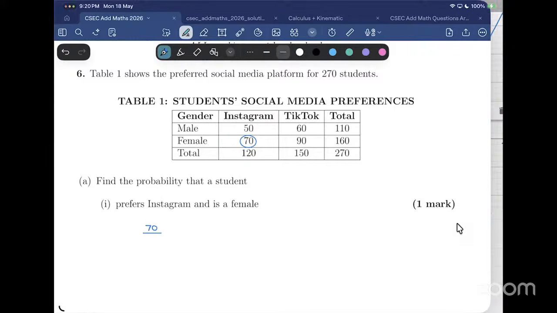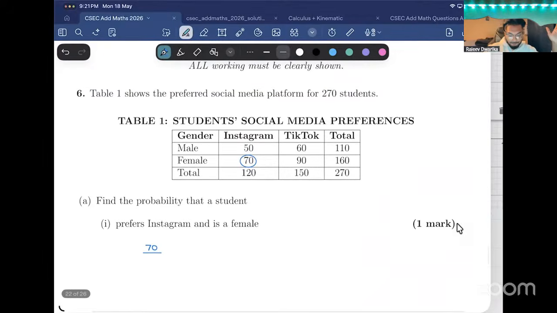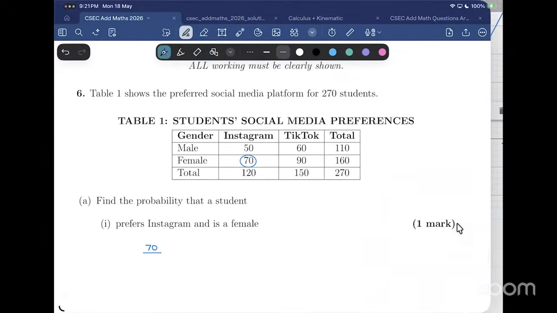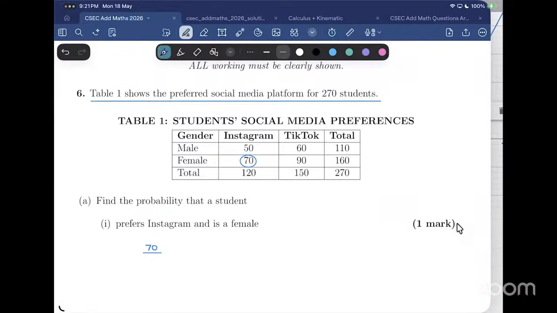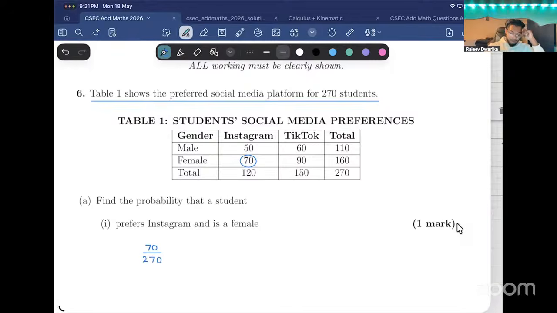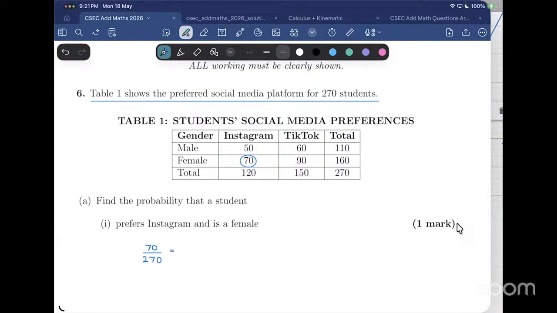How many people are there altogether? 50 plus 70, plus... 270 students. So what is 70 over 270? 7 over 27. You could just cancel the zeros.